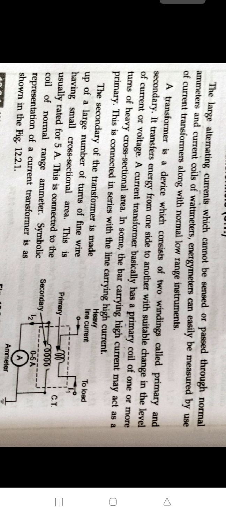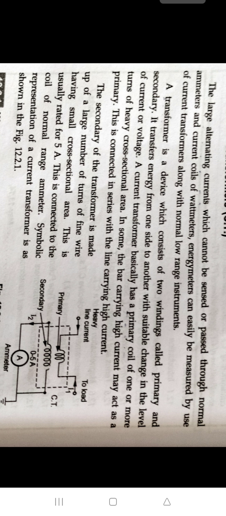This is connected in series with the line carrying high current. Why in series? Because we need to measure current, and current can only be measured when we connect in series. Now the secondary of the transformer is made up of a large number of turns of fine wire.